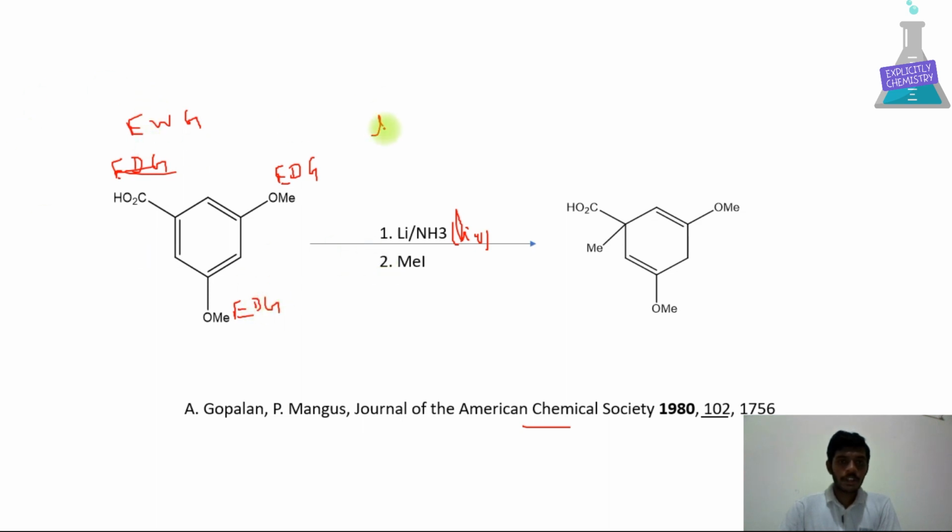So we know that sp2 is for electron donating group, sp3 is for electron withdrawing group. This electron withdrawing group will be at sp3 position, this is sp3, and this is electron donating and this is also electron donating, so it will be present at sp2, this is also sp2 and this is also sp2.